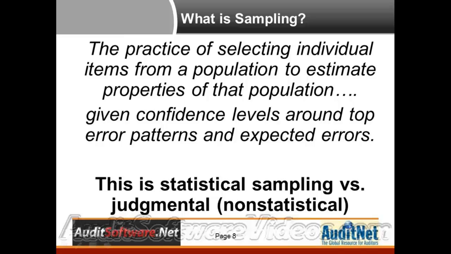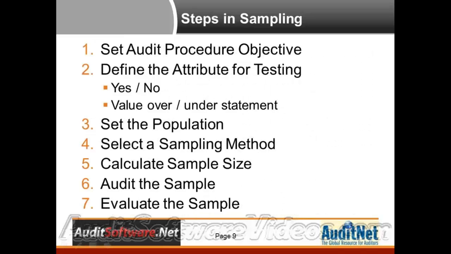But what's nice about a statistical sample is that it is going to allow you to extrapolate and to make more of a judgment against that whole population. So again, to estimate properties of that population, because you're calculating and estimating based on these confidence levels and what you're expecting, and then what you're able to kind of accept from an error pattern point of view. So again, this was the main definition out there.